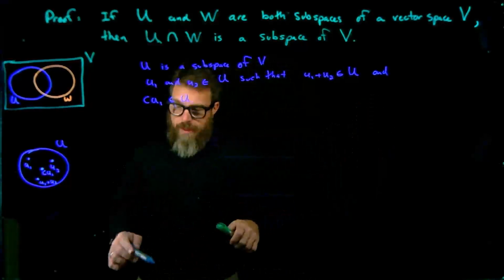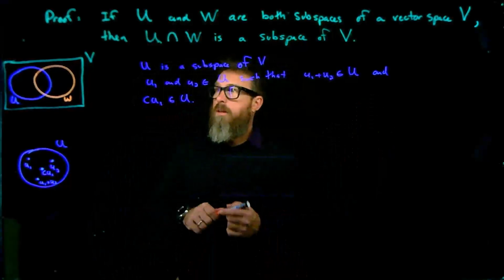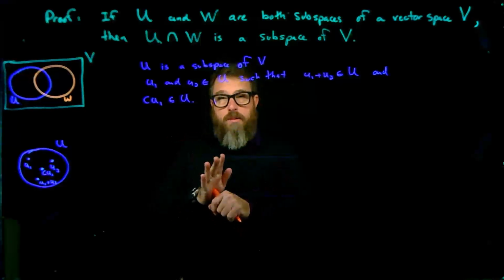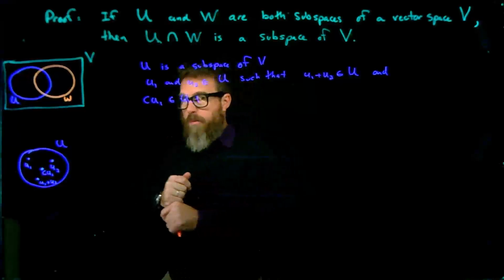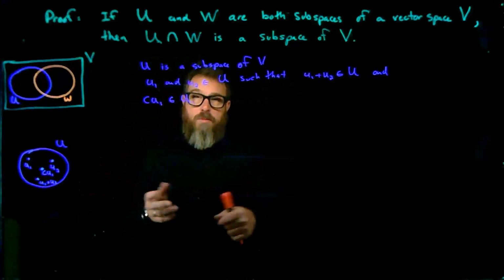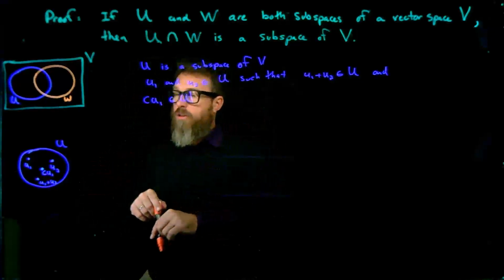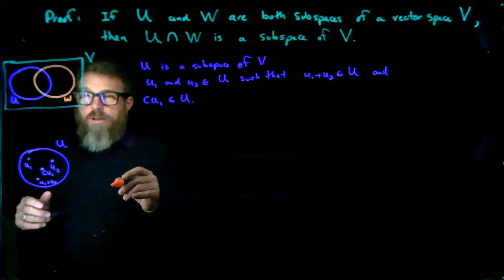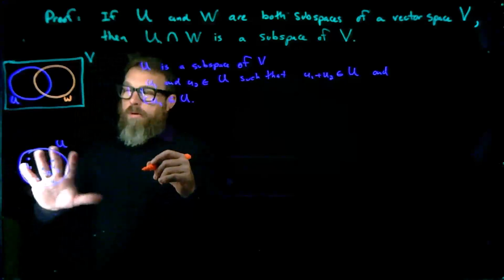Now, we also said that W is a subspace. To be a subspace, it is a vector space all by itself, and really to prove something is a subspace, I just have to show that it's closed under addition and scalar multiplication. So again, it's going to have this exact same property. I'm not going to draw another one.